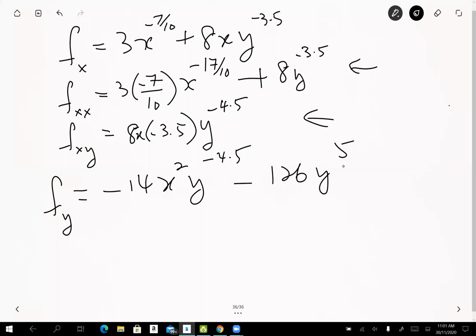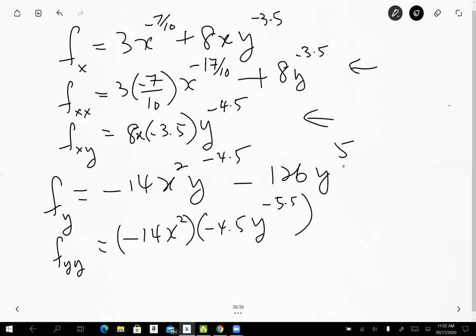Okay. So what you do, you take the derivative of fy with respect to y, fyy. So x is a constant, don't worry about the x. You have negative 14 x squared, a constant, multiplied by negative 4.5. You reduce the power by 1, so that becomes negative 5.5.